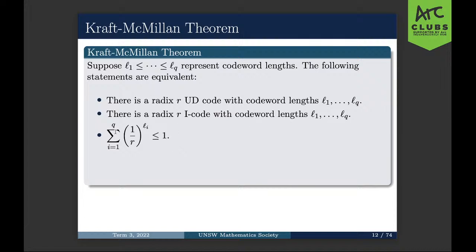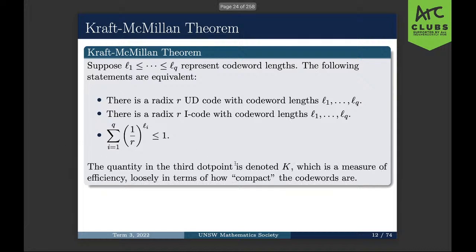And if you can't satisfy the sum, so if the sum is greater than 1, then there cannot be a radix R UD code nor an I code for those lengths. This sum is denoted K, called the Kraft-McMillan coefficient. It's a kind of efficiency measure, loosely, of how compactly designed the code words are.